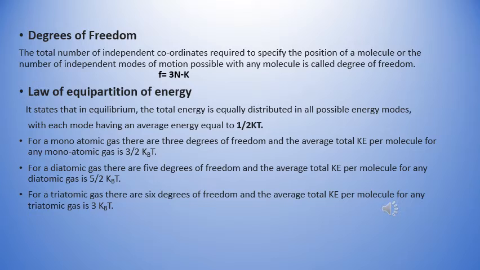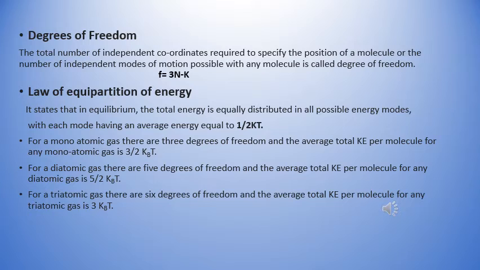The law of equipartition of energy states that for any system in thermal equilibrium, the energy is equally distributed amongst its various degrees of freedom, and the energy associated with each degree of freedom per molecule is 1/2 kT, where k is the Boltzmann constant and T is the absolute temperature of the system.